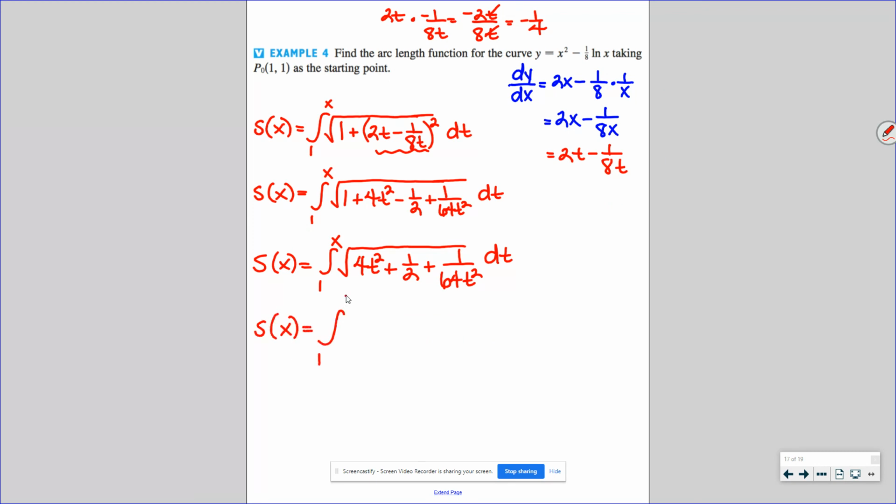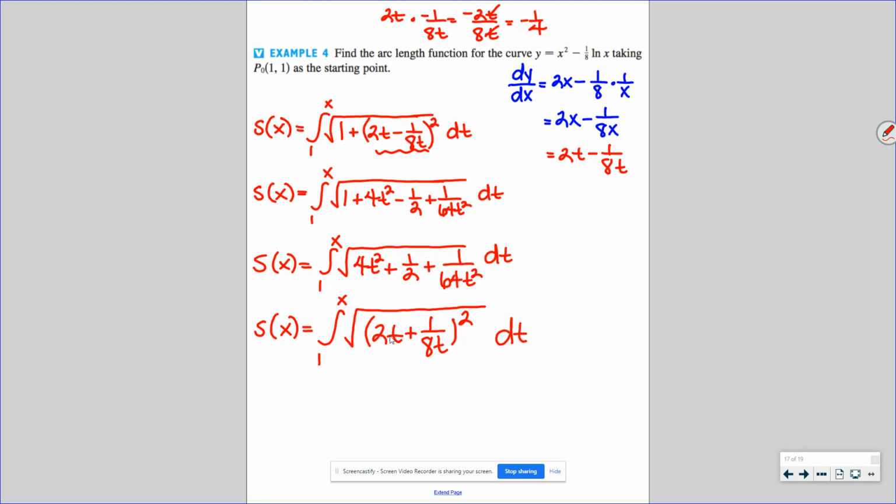This is the most challenging thing you're going to have to do in this entire section, is factoring these weird trinomials here. Okay? Remember that there is a trick for factoring. The trick for factoring is that you can take the square root of the first term, so 2t, and you can take the square root of the last term, which would be 1 over 8t. And in this case, we would want a plus sign between because our middle term is positive.